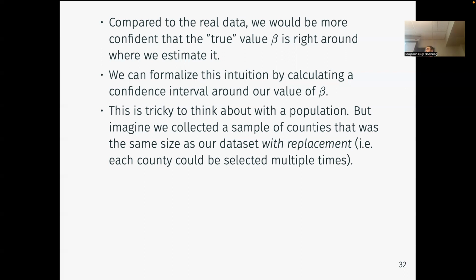But once I pull a county out, I'm going to put it back in. So I'm not going to be pulling out the same data set every time, because I could pull out Washtenaw County twice. I could pull out, oh my God, I'm totally blanking on a county that's not Washtenaw. What county is Detroit in? I could pull out Wayne County 5 times, right? I could pull out Washtenaw County 0 times.